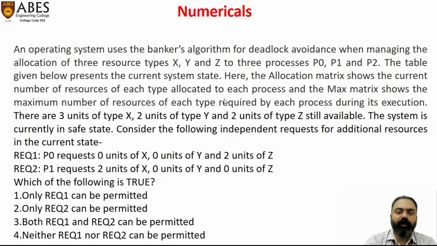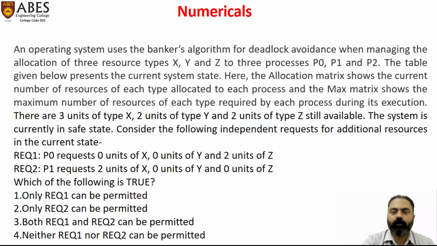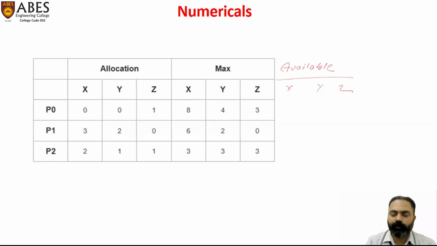So availability is 3, 2, 2. Available X, Y, Z: 3, 2, 2. What are the requests?